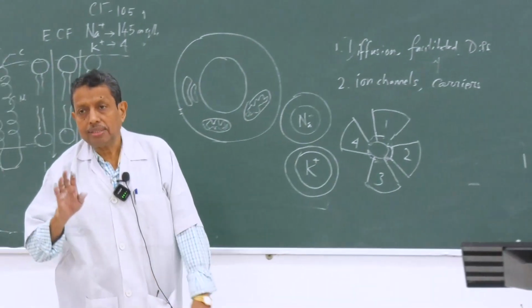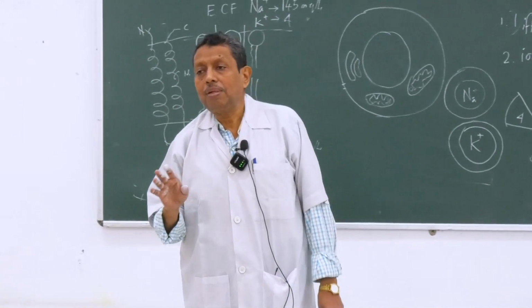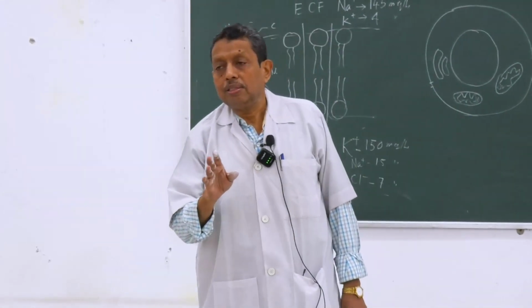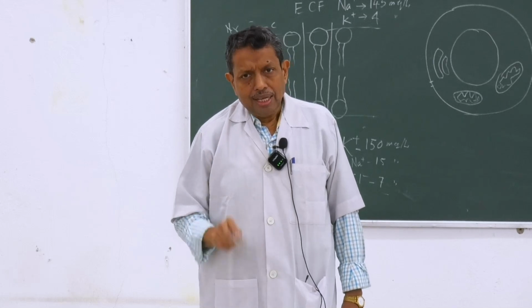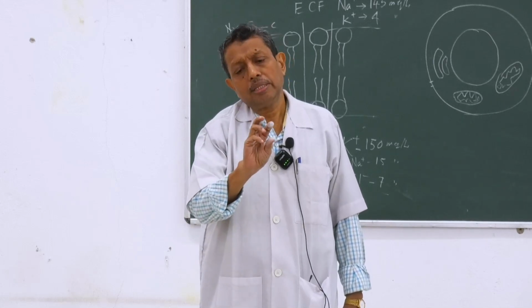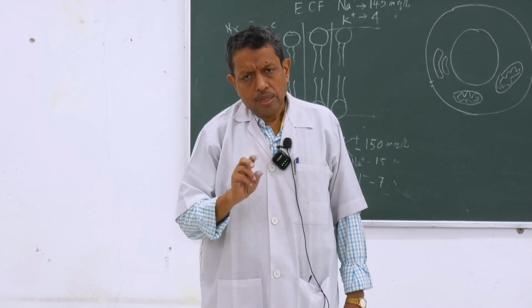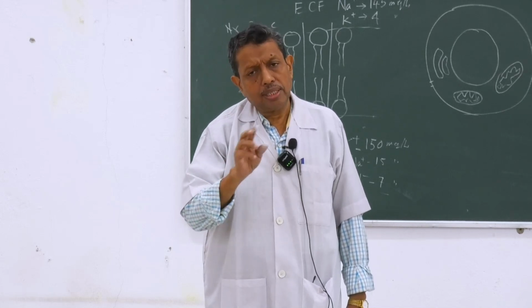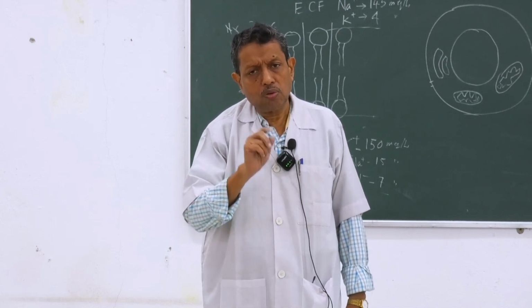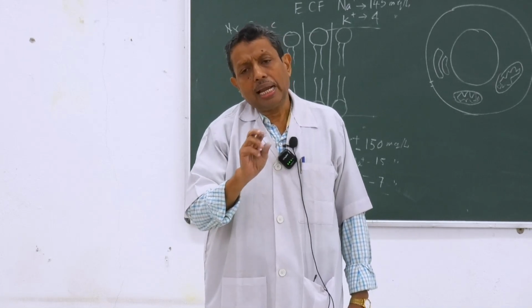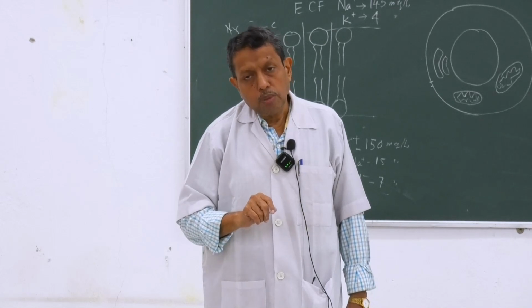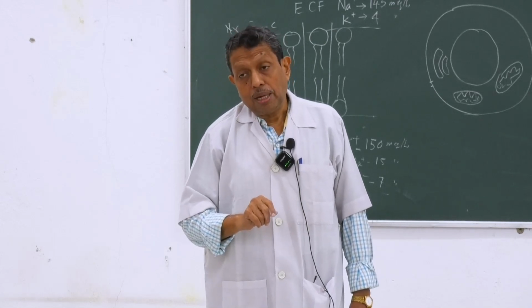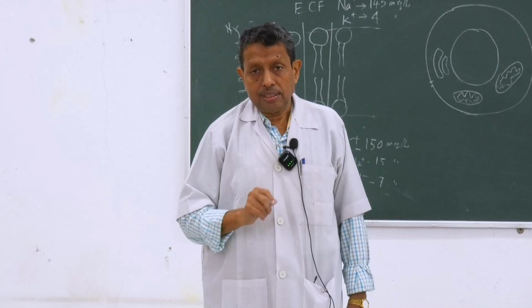Some of the ion channels are relatively non-specific. They are leak channels. They can allow any ions according to their hydration and atomic or molecular weight. There is simple diffusion in this case through leak channels, but some are gated channels.